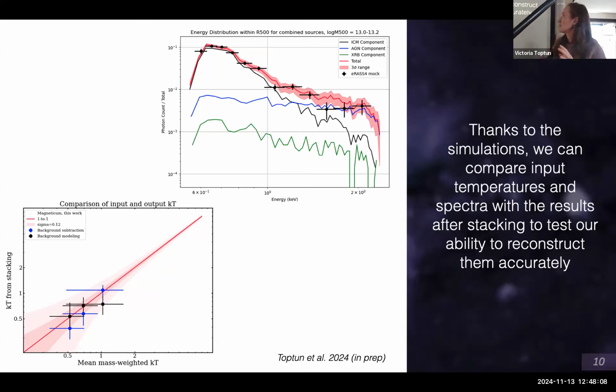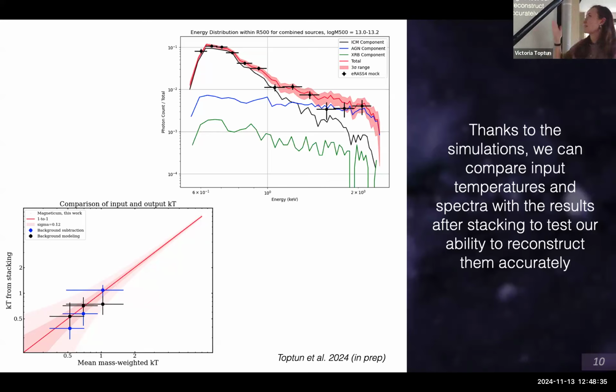This red spectrum is the spectrum originating directly from simulations, so before the eROSITA response. And here black, blue, and green are different components, ICM and some small impact of AGN and XRB components in the spectrum. And here by blue points, I'm showing the results of our stacking of mock X-ray observations.